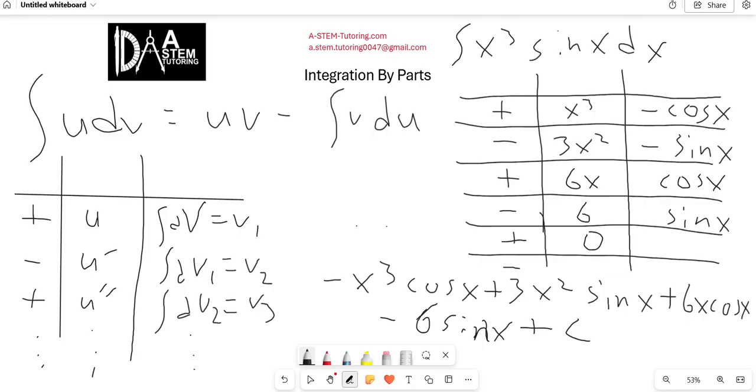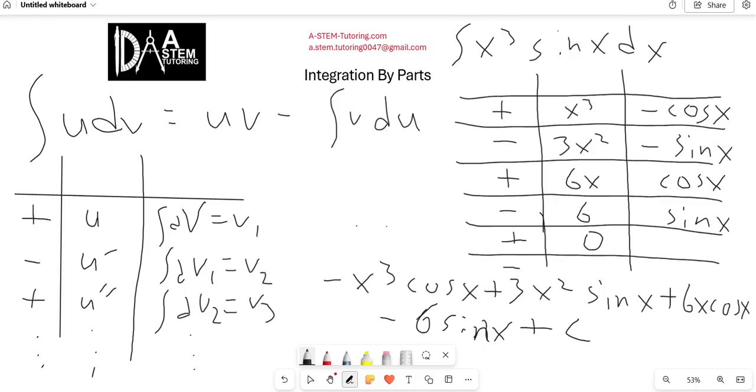And that is the complete integration of the function x cubed sine x dx. Negative x cubed cosine x plus 3x squared sine x plus 6x cosine x minus 6 sine x plus c, where c is the constant of integration.